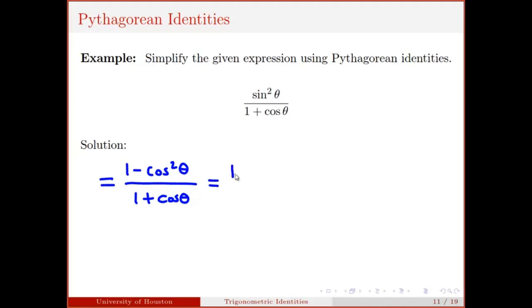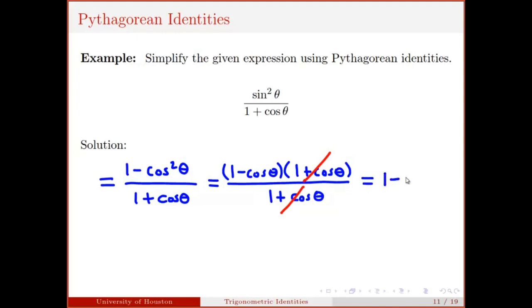This gives us (1 minus cosine theta) times (1 plus cosine theta) all over 1 plus cosine theta. Therefore, we can cancel 1 plus cosine theta, and the expression simplifies down to 1 minus cosine theta.